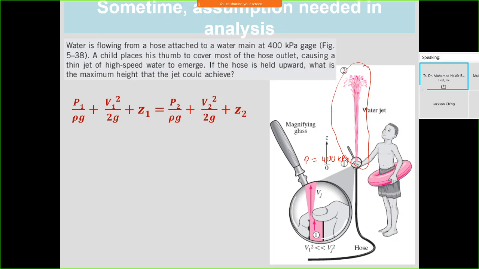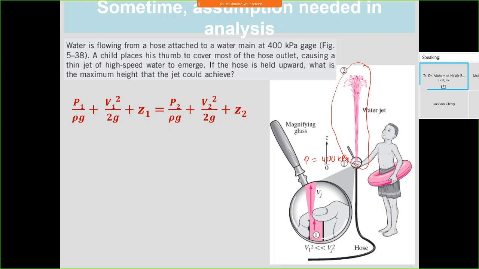So the pressure in both parts, you know that it is open to the atmosphere. Not open to the atmosphere, only point one is 400 kilopascal, but point two is open to the atmosphere. And for the velocity, the velocity at point one is almost zero, because the boy has covered most of the part with his thumb.